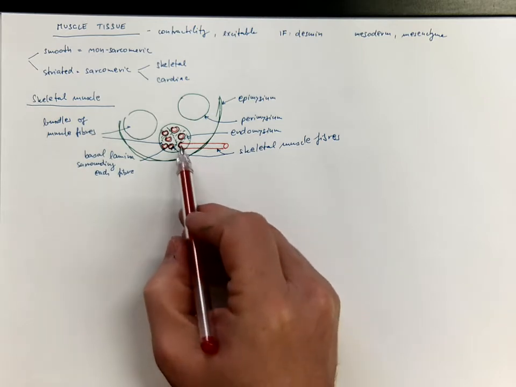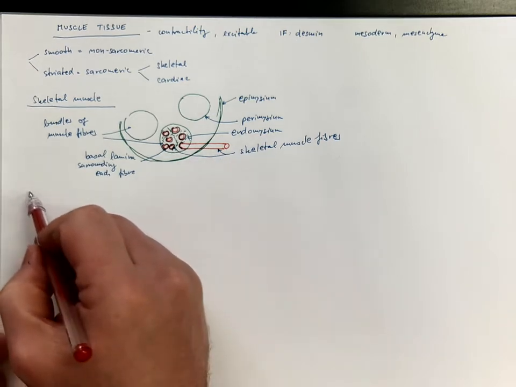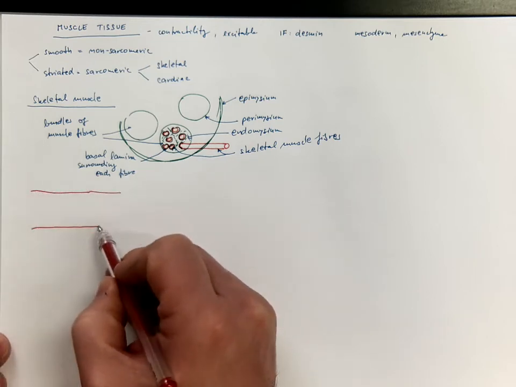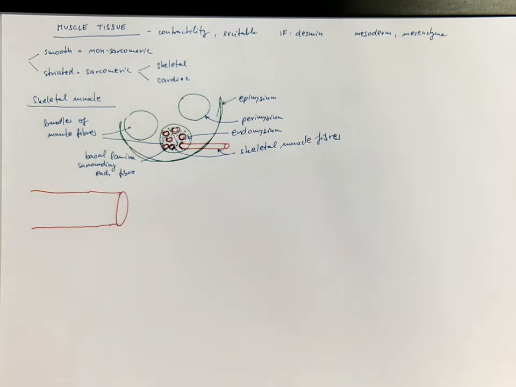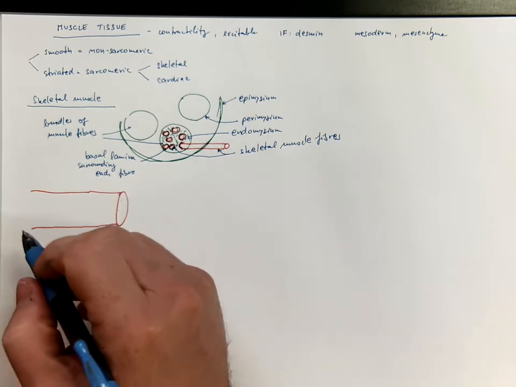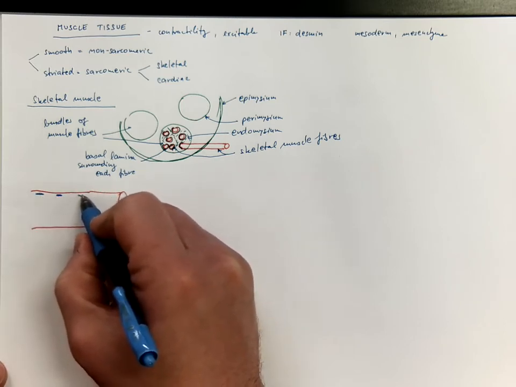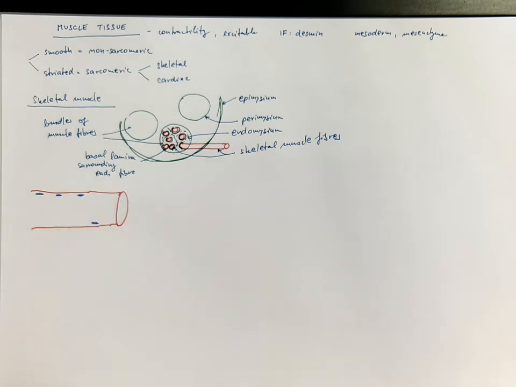Now if we have a closer look at these individual muscle fibers, in the longitudinal section you will see that these fibers are multinucleated. They have many nuclei. They are always on the periphery.